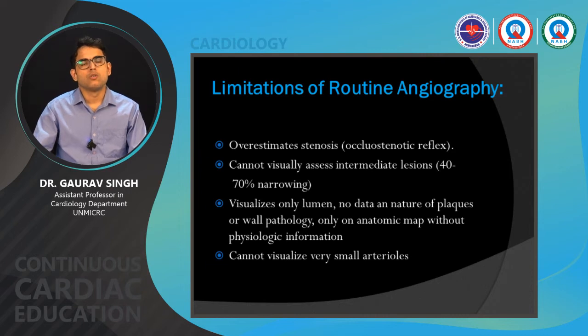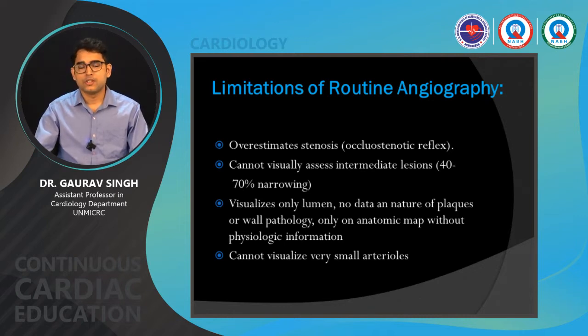What are all the limitations of routine coronary angiography? The first one is that it overestimates the stenosis. It cannot visually assess intermediate lesions, that is 40 to 70% narrowing, whether they are significant or not. It only visualizes the lumen and gives no data about the nature of the plaque or its pathology. It is just an anatomical map without any physiological information.